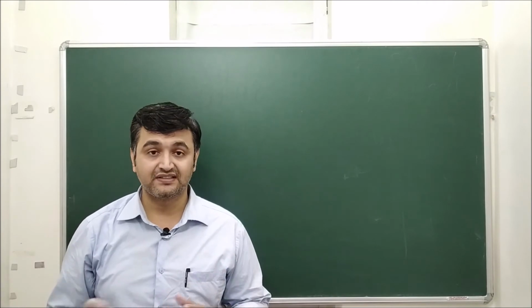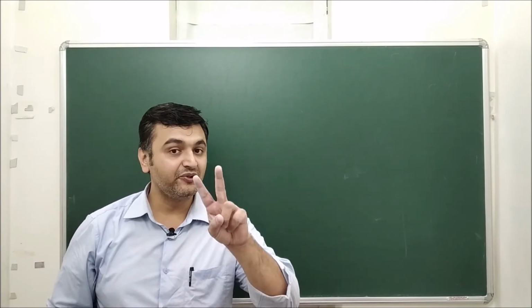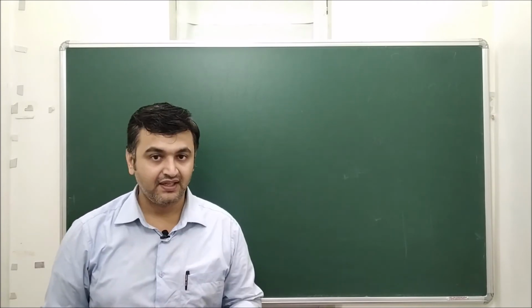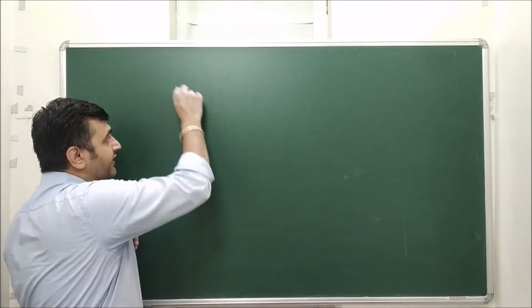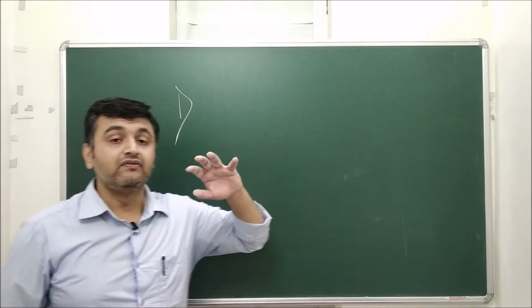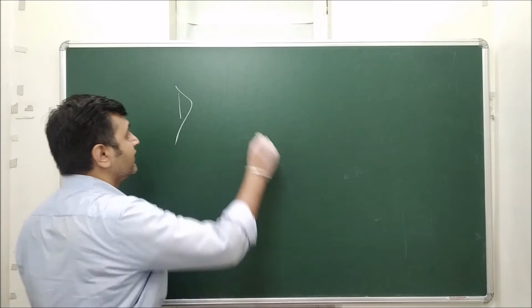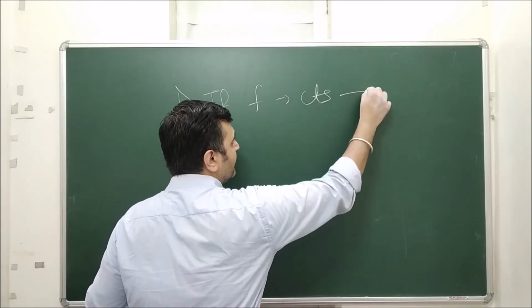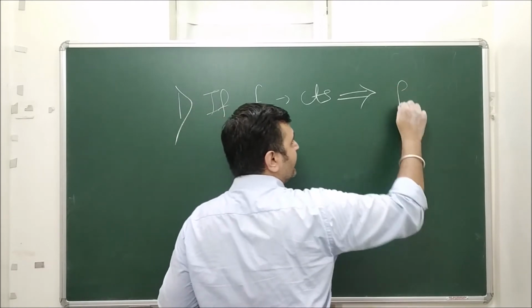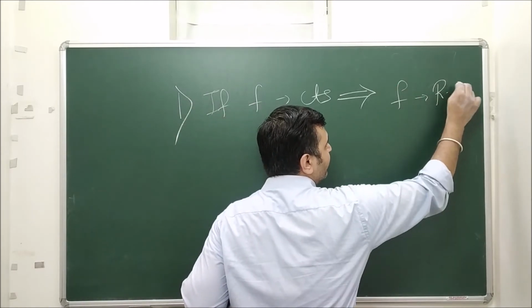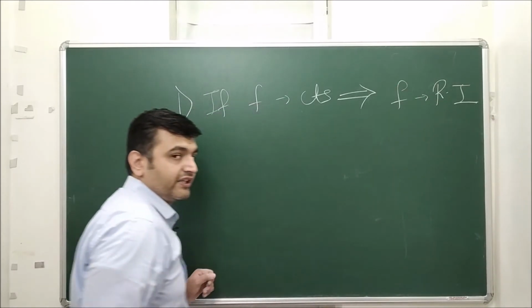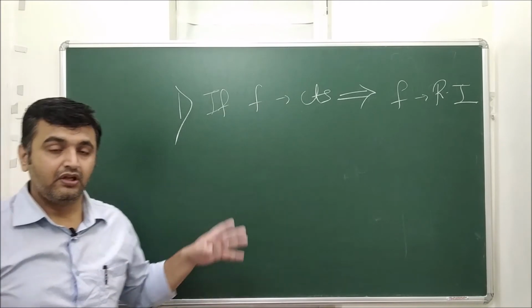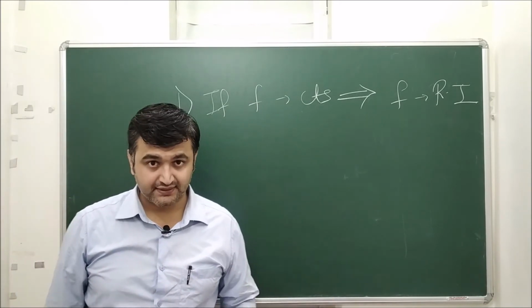Before going to those examples, I forgot to tell you two nice theorems. So what are those two nice theorems that Riemann proved? He proved that if your f is a continuous function, then your f is always Riemann integrable. That means if you follow Riemann algorithm, your integration will always exist.